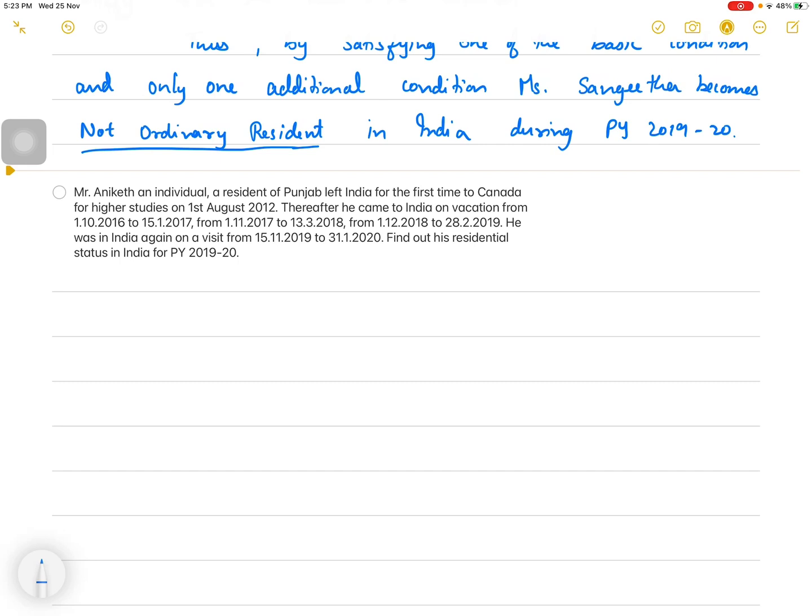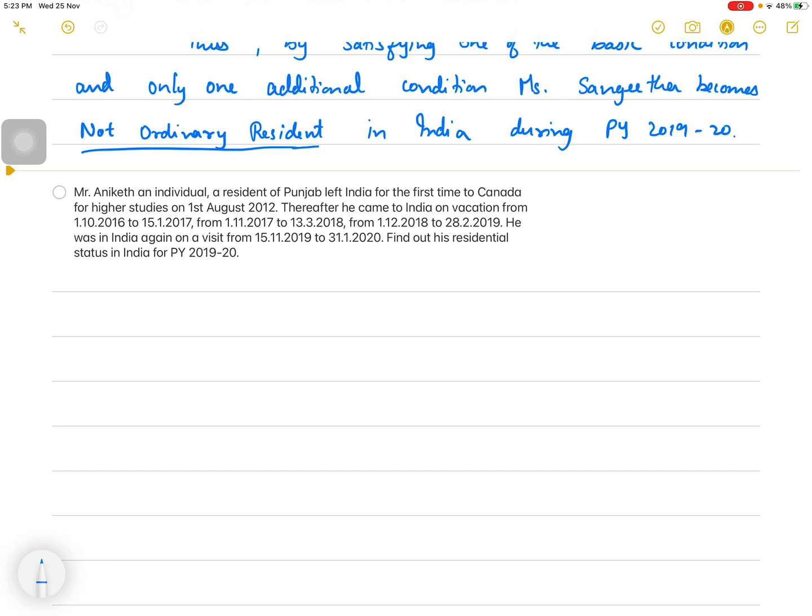Thereafter, he came to India on a vacation from 1/10/2016 to 15/1/2017, from 1/11/2017 to 13/3/2018, from 1/12/2018 to 28/2/2019. He was in India again on a visit from 15/11/2019 to 31/1/2020. Find out his residential status for the previous year 2019-20.